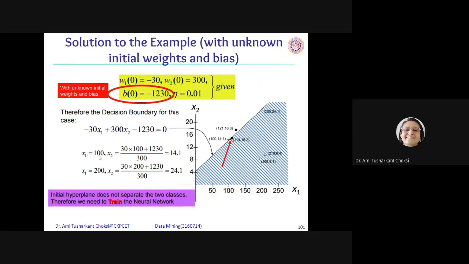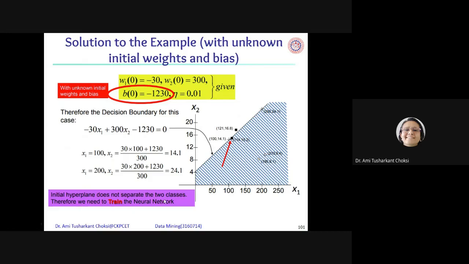So, when x1 is equal to 100, we are able to find x2 as 14.1. And when x1 is equal to 200, we are able to find x2 is equal to 24.1. Fine? Okay. So, the initial hyperplane does not separate the two classes.